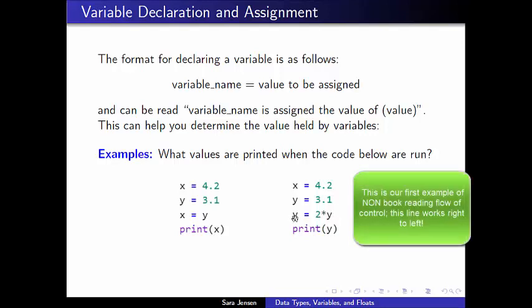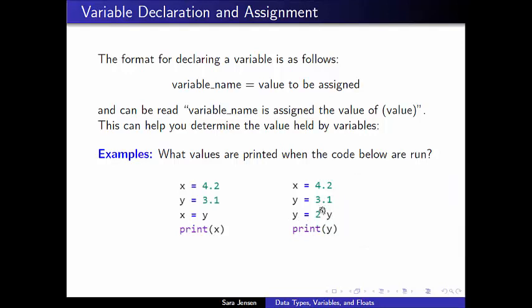So when the computer hits this line of code, it first looks up the value 3.1 and replaces this y in the code with 3.1. Next, it does the multiplication, 2 times 3.1, giving us 6.2, and once it has that number, 6.2, it assigns the value 6.2 to y. Calling the print function on y would then show us the value of y, which is 6.2.